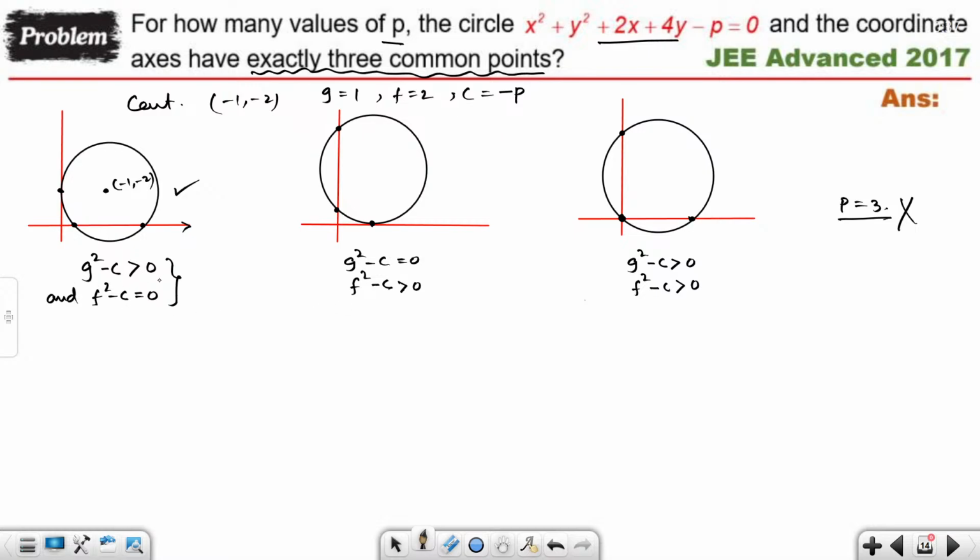G square minus C is greater than 0. What does it say? It says 1 square plus P is greater than 0.